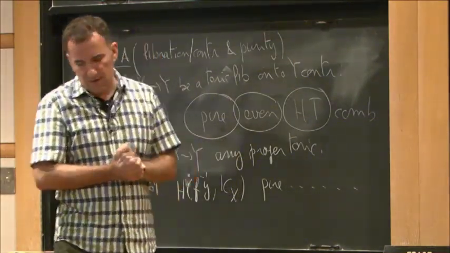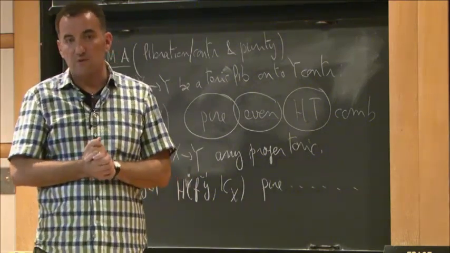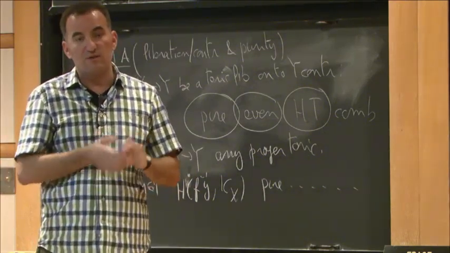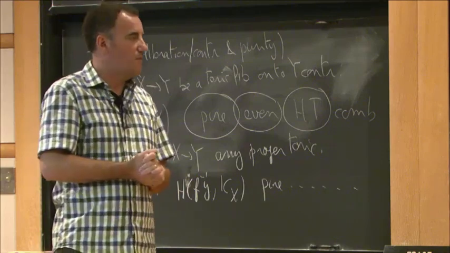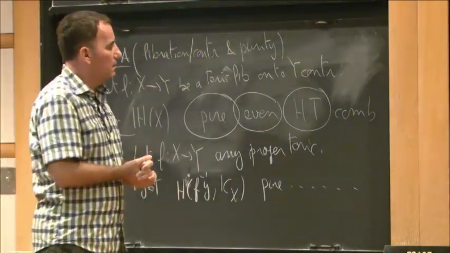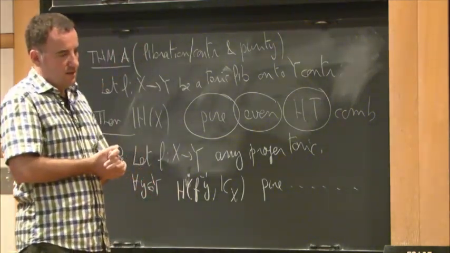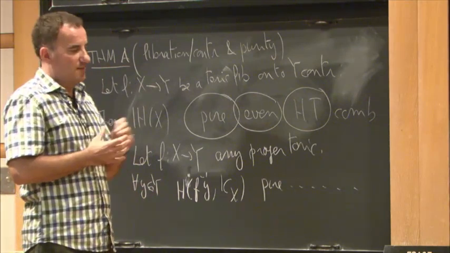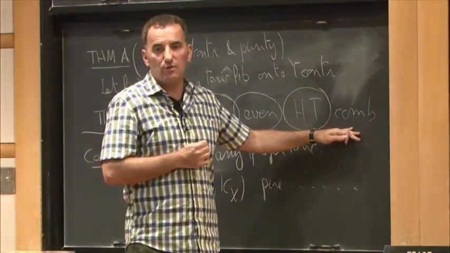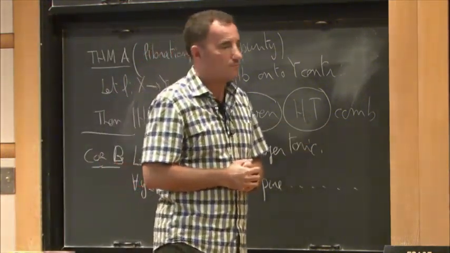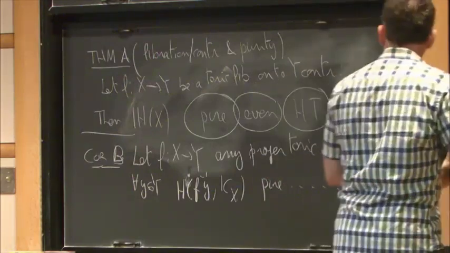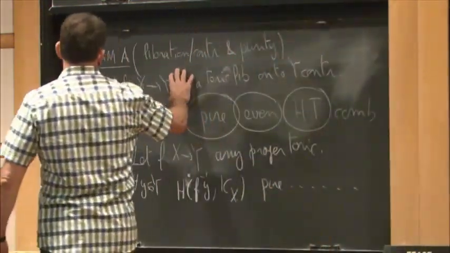Actually, no, sorry, let me correct that. That formula was under the assumption that X was smooth. So let's say that X is smooth. Then you get the same formula as before. If X is singular, you just prove that this is combinatorial in the sense that it depends only on the poset. Okay, so this proves theorem A.